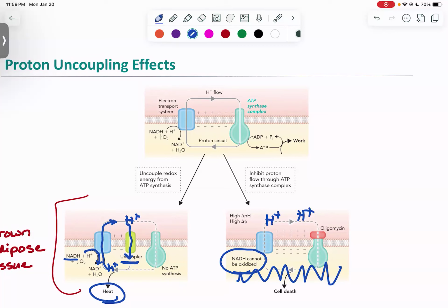It basically gets overloaded and eventually the cell dies. And so this oligomycin, I don't know if you recognize the name, is an antibiotic because it will bind to the bacterial ATP synthase complex, but not the eukaryotic one. So we can take it and kill the bacteria and not the eukaryotes, us, which is great, right?